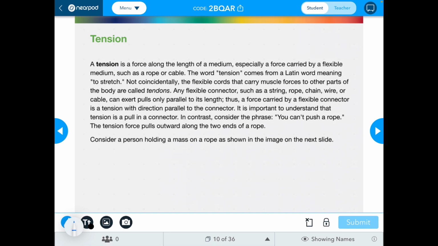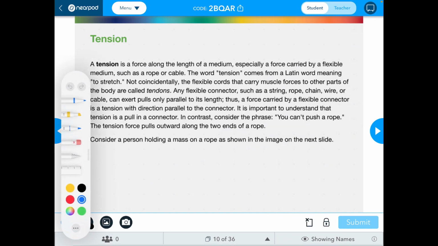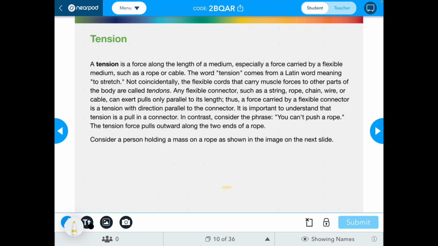So this one here, we're looking at tension. And so tension is a special type of force that is specifically always a pull force. Now you can't push a tension, which is actually, it says here, you can't push a rope.